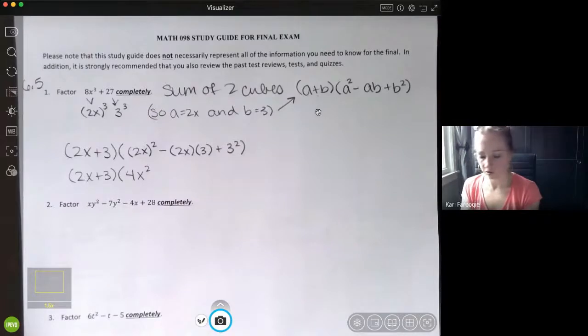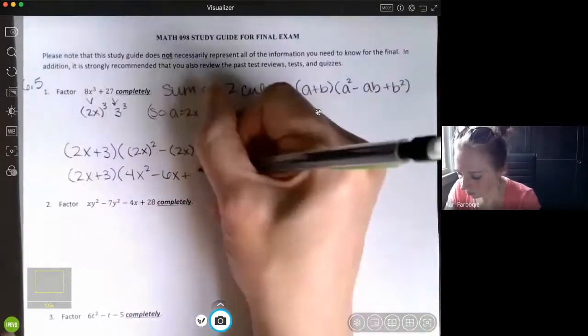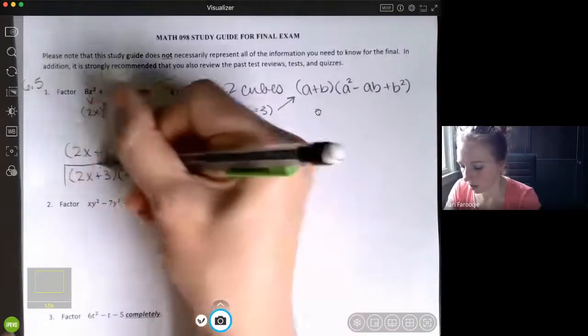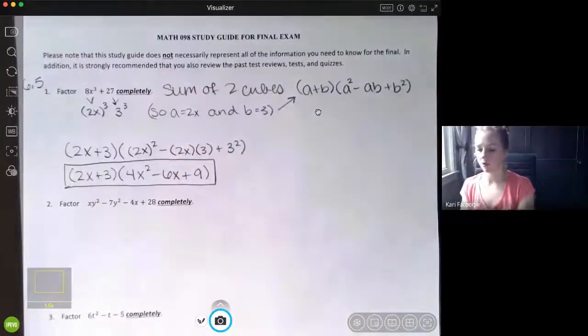Don't just write that as 2x squared. It's actually 2 squared and x squared. 2 squared times x squared is 4x squared. And then minus 6x plus 9. And that is how you factor the sum of two cubes.